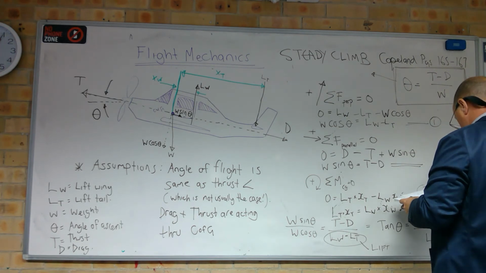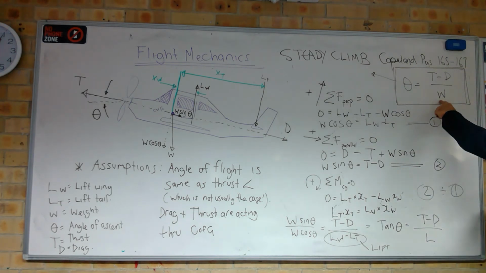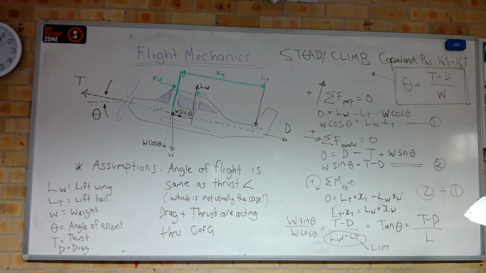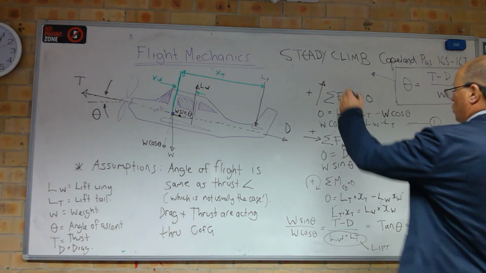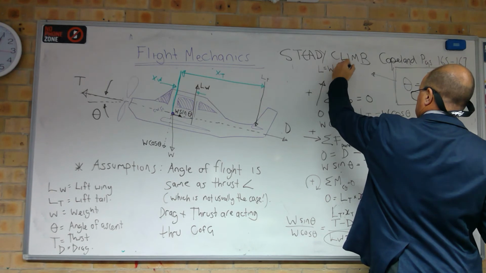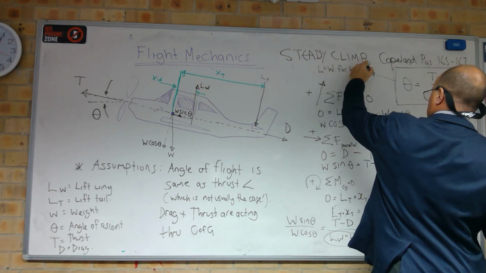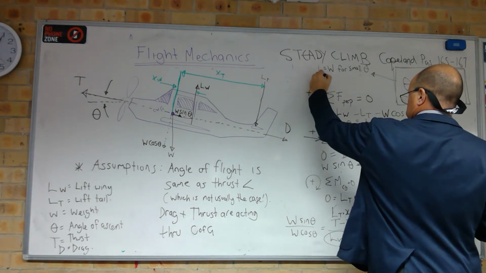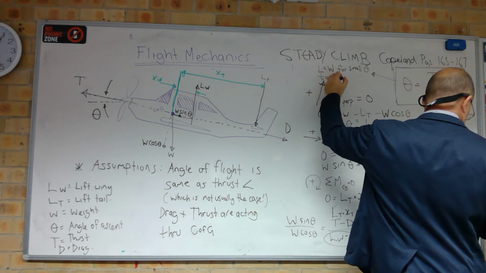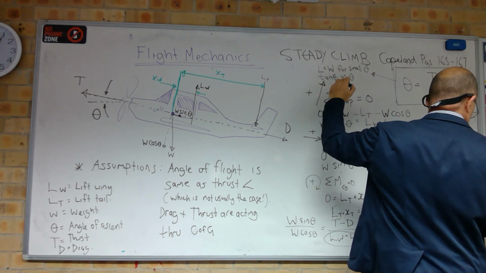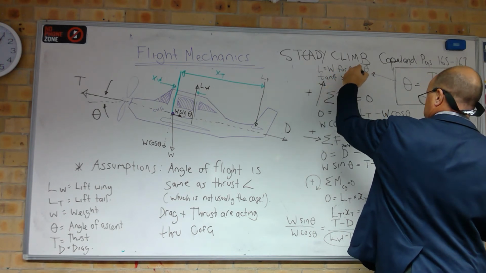But it says here that you probably notice you've got a weight on the bottom here and you've got a lift on the bottom here, okay? That is because they say that lift approximates weight for small theta, so lift equals W for small theta, and tan theta is approximately equal to theta for small angles as well.